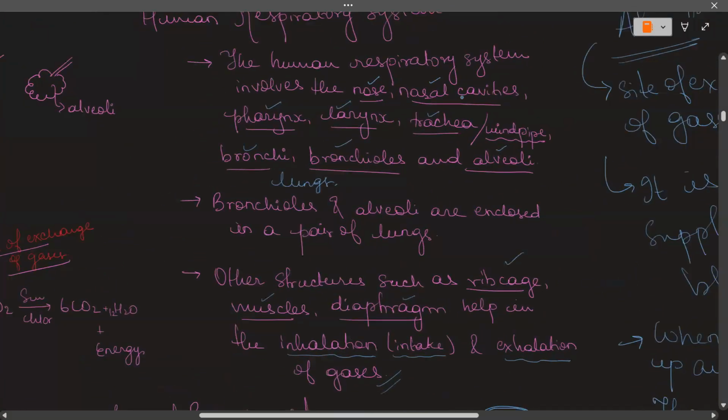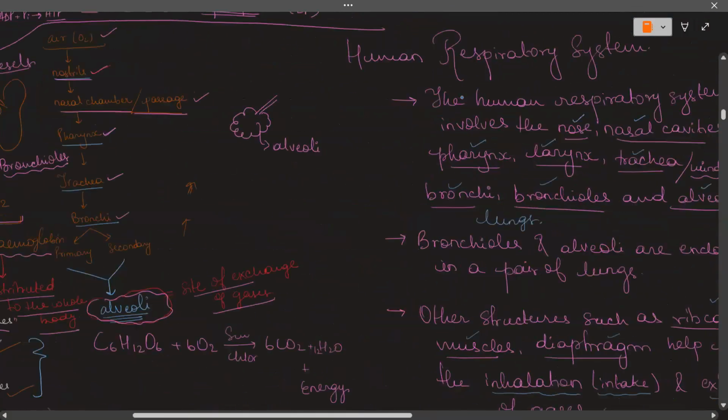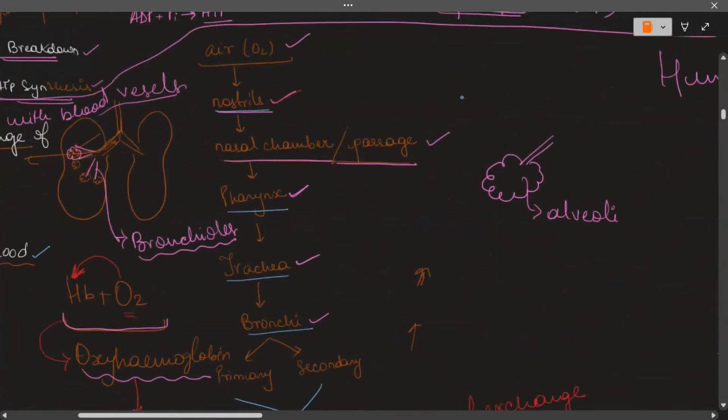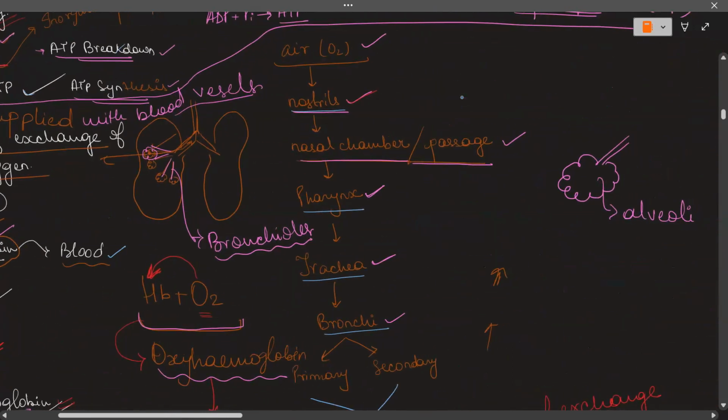Oxygen is present in the air, so we take in the air through our nostril. From the nostril, it goes into the nasal chamber or the nasal passage. The nasal chamber is responsible for humidifying the air and bringing the air to normal temperature.